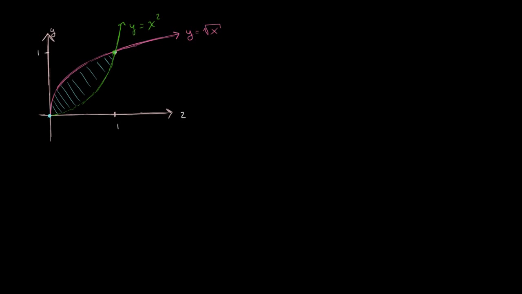Well, one way to do it is just to think about what's the area between y equals square root of x and the x-axis? And we're going from 0 to 1. So this is the area under square root of x from 0 to 1, dx. So this is literally denoting this entire region right over here, all the way up to this boundary point.